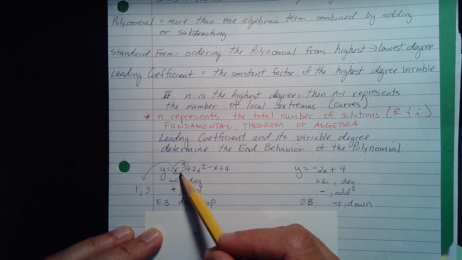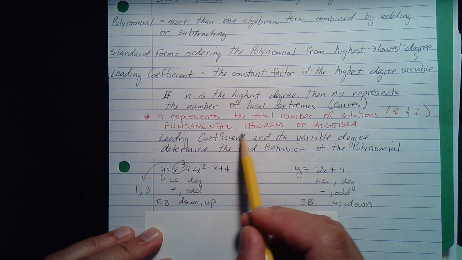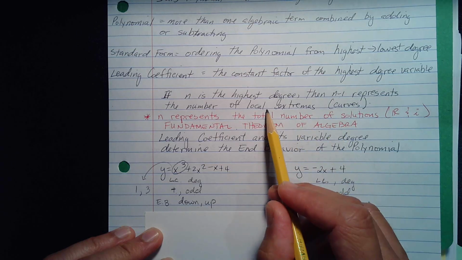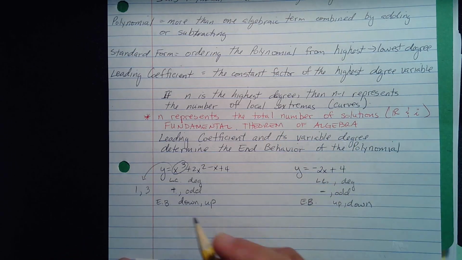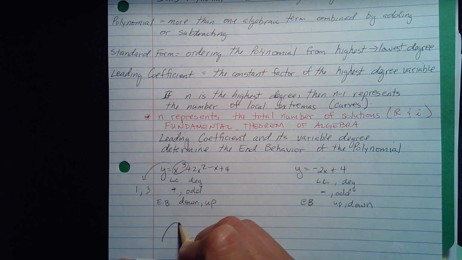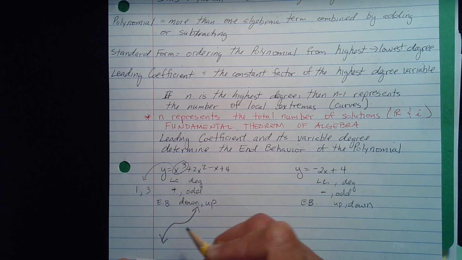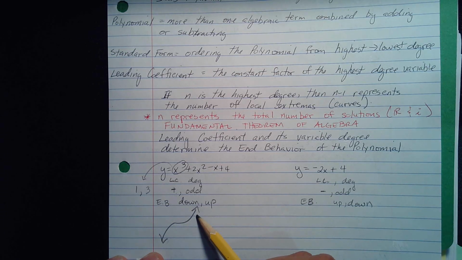The highest degree here is 3, so we'll have 2 local extremas, 2 curves. Your function will look something like this. If this is your graph, the left end behavior is down, the right end behavior is up.